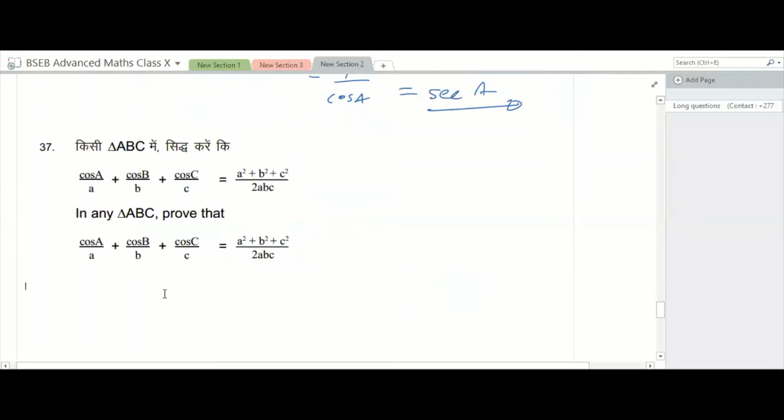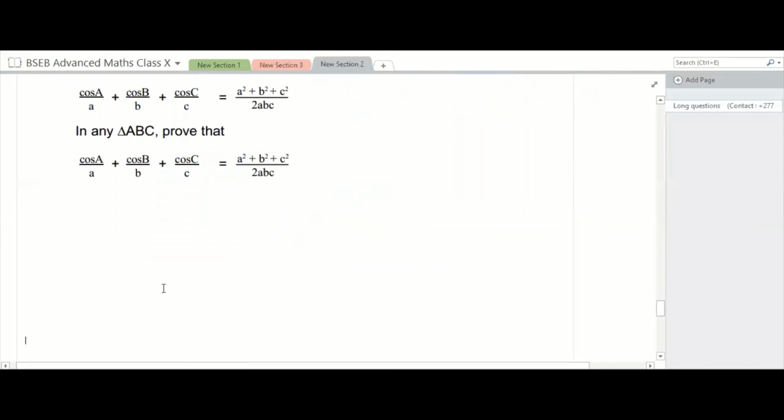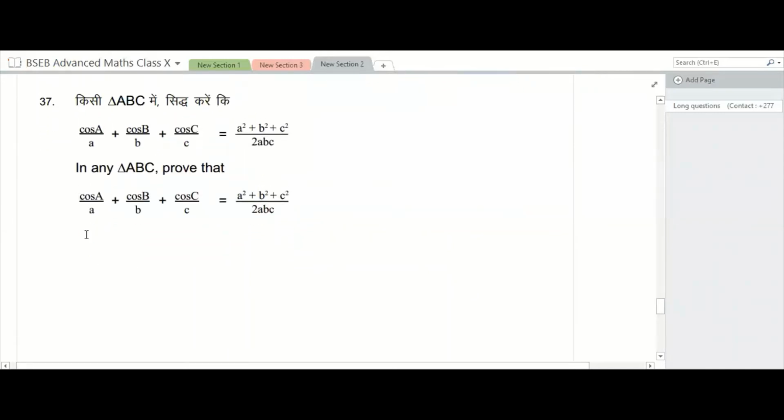Now guys, looking at question number 37. Alright, question number 37 says cos a over a plus cos b over b plus cos c over c is equal to a squared plus b squared plus c squared over 2abc. Okay, so we can just use the cosine rule.